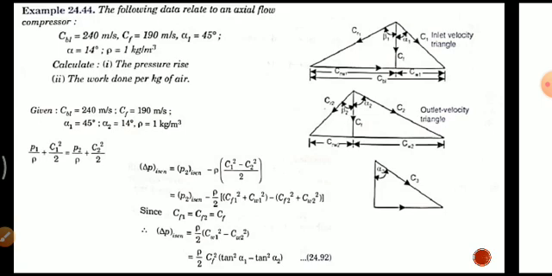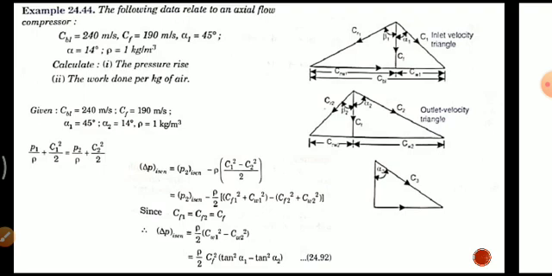Okay, and C2 square, again C2 square can be written as Cf square plus Cw2 square. So as Cf square are both same, Cf1 square and Cf2 square are same, they get cancelled. The remaining will be Cw1 square minus Cw2 square. So we will get the value of total pressure rise as Cw1 square plus Cw2 square.